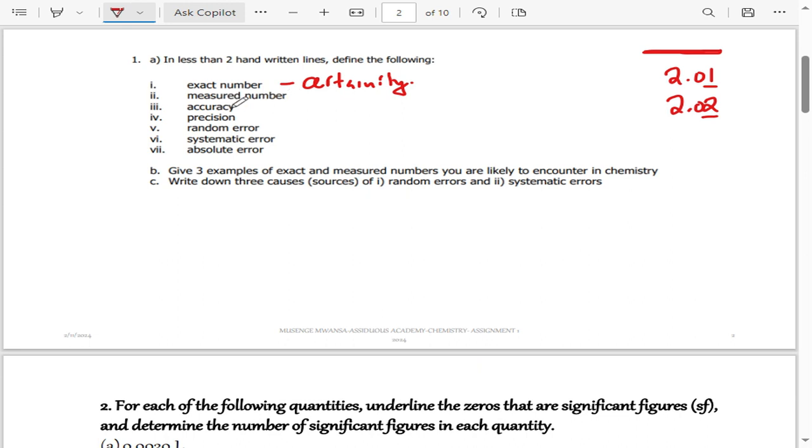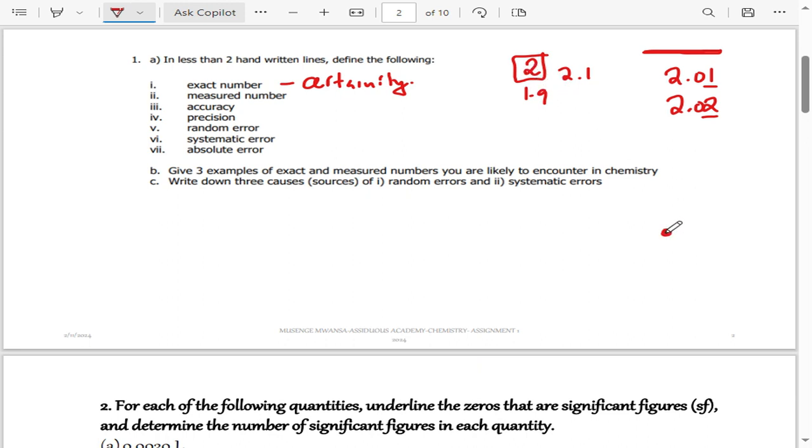How about accuracy? Accuracy is how close a measured value is to the true value. For example, if the true value is supposed to be 2 and then I measure 1.9 or I measure 2.1, these two values are close to 2, so I am accurate.